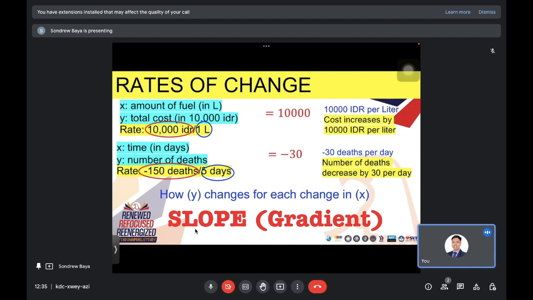Slope should be consistent, same value all throughout. So for the first one, the slope is 10,000. In the second one, the slope is negative 30. And these are the interpretations. So moving forward, you are going to know how to find the slope given different situations, and also how to interpret the value of the slope.